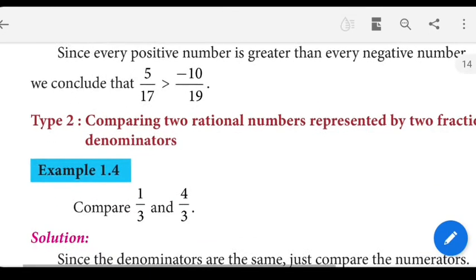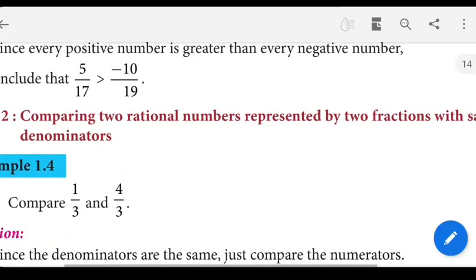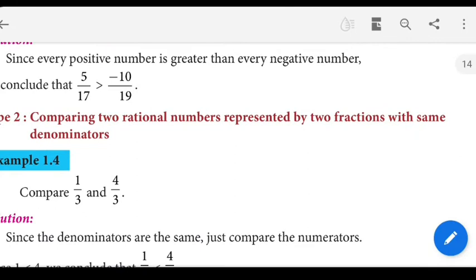Next, type 2: comparing two rational numbers represented by two fractions with the same denominators. First type, different sign. Second type, same sign but same denominator.